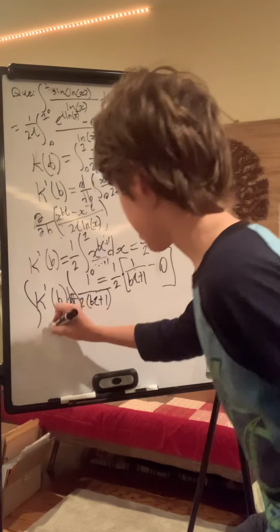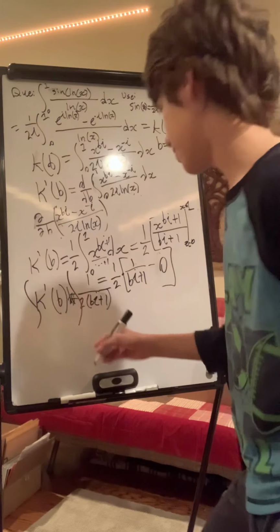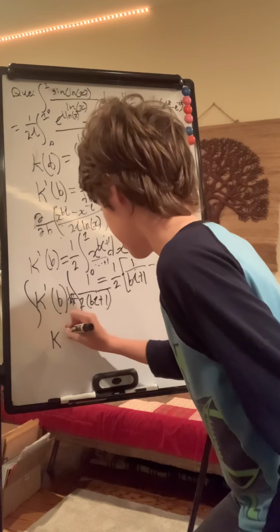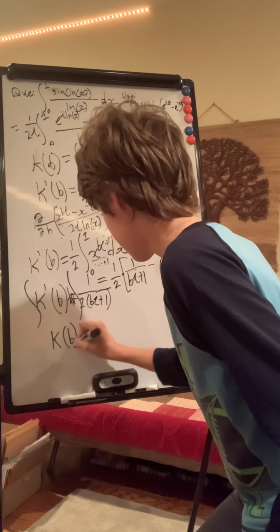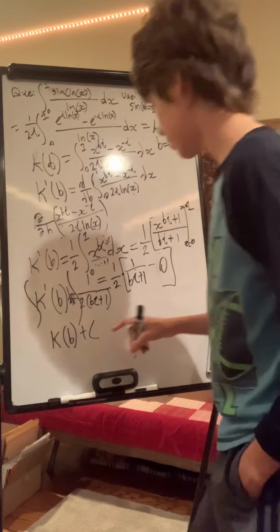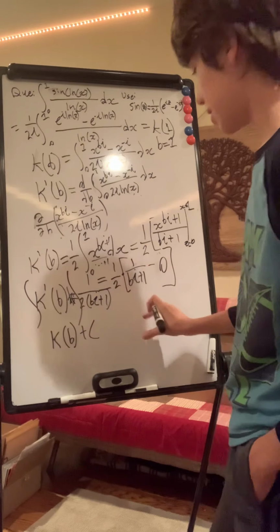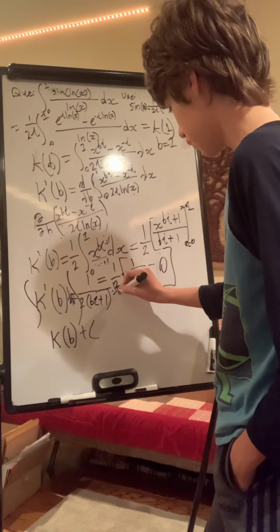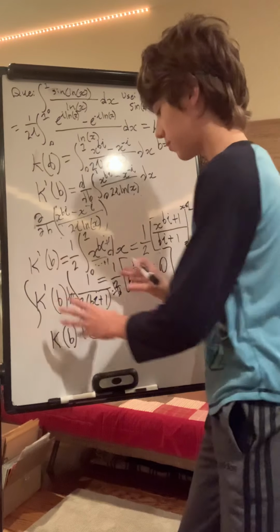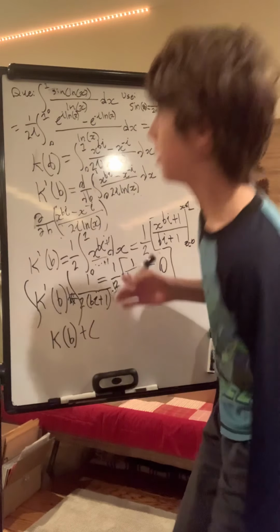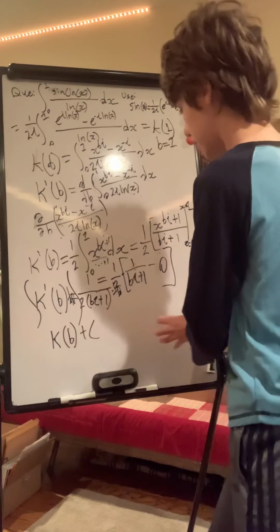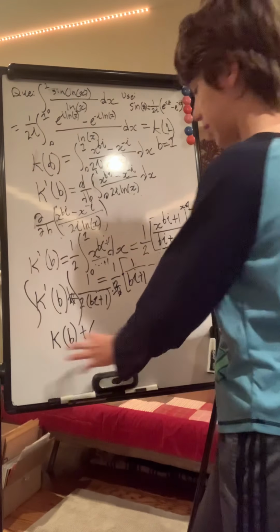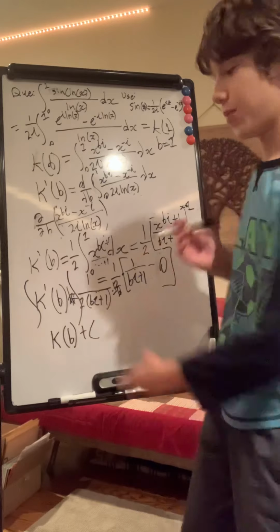So integrating on the left-hand side gives us k of b plus c, and we'll get another plus c on the other side. But we can think of it as plus some first constant plus second constant, bring the other constant over here and it becomes another constant.